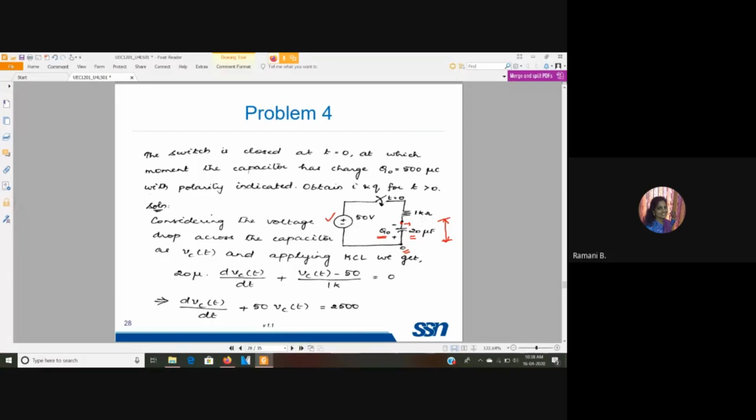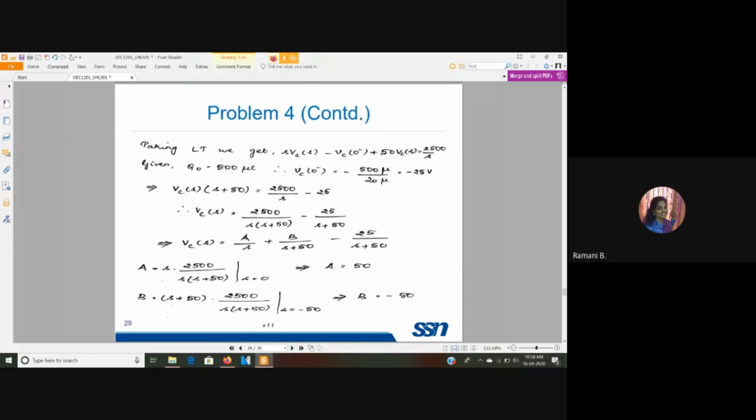Now we need to find VC of 0 because you are given the initial charge. VC of 0 is obtained like this. Q is equal to C into V, so V is equal to Q divided by C. As the polarity was inverted, here we give a minus sign. So we get the initial voltage across the capacitor to be minus 25 volts.